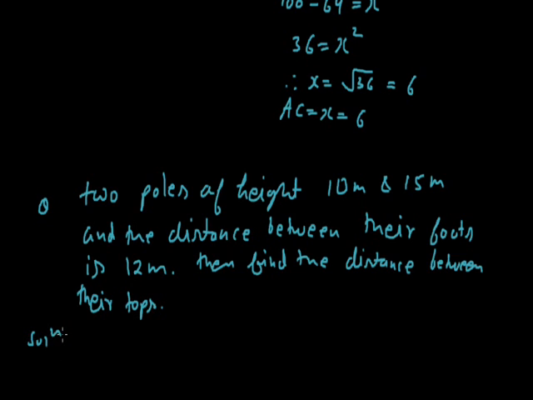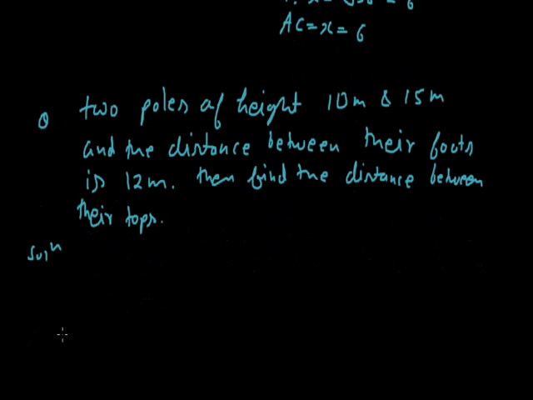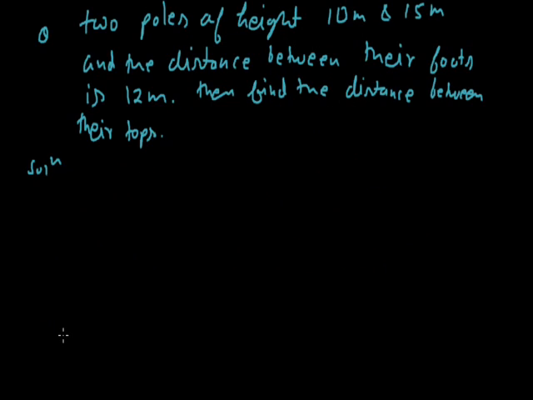Now, as it is given in this question, there are two poles of height 10 and 15. First of all, we draw, let's say this is a ground surface. On this ground surface there are two poles.